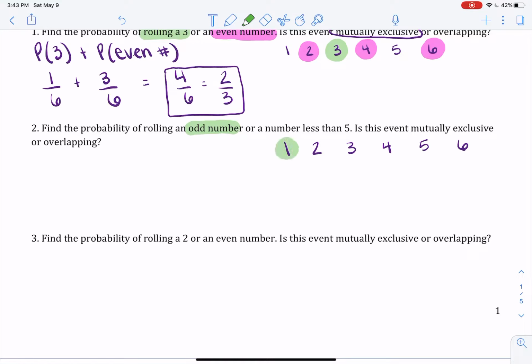So we've got 1, 3, and 5 are our odd numbers. Then a number less than 5. Okay, well the numbers less than 5: 1, 2, 3, 4. All right, so take notice here. Right there and right there, we have overlap. So that means this event is overlapping.